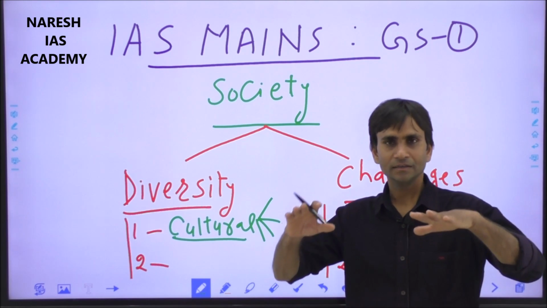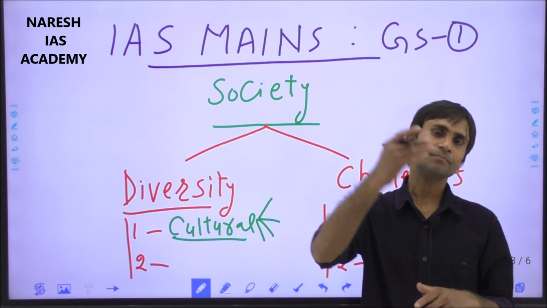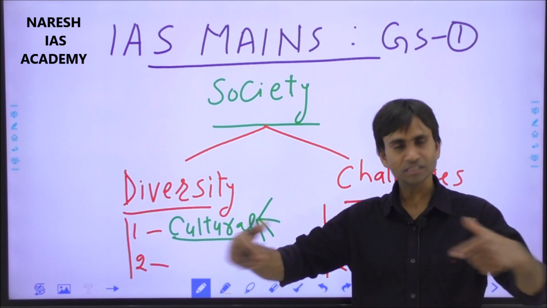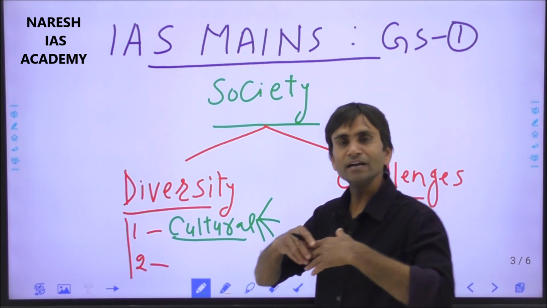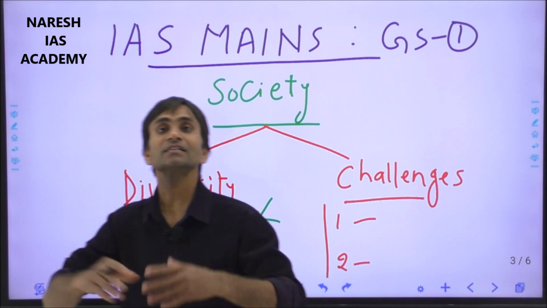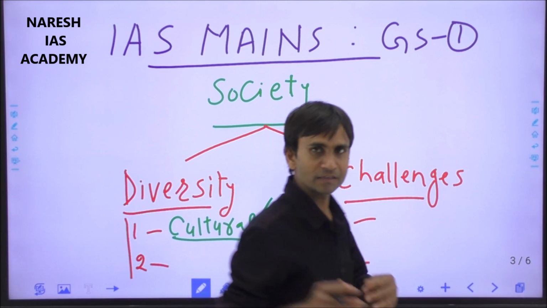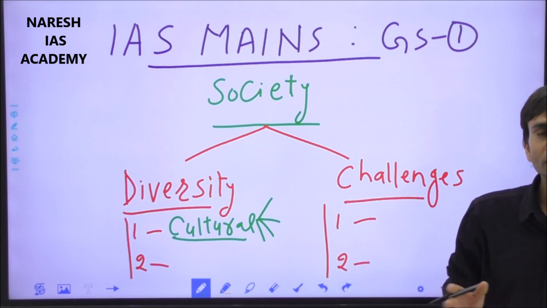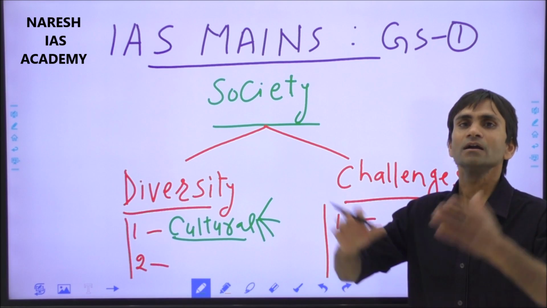Definitely they reside in different parts of the country, and they have different languages, different food patterns, dressing sense, marriage patterns and sacrament patterns. So we can prove the cultural diversity within the castes and within the tribal groups.